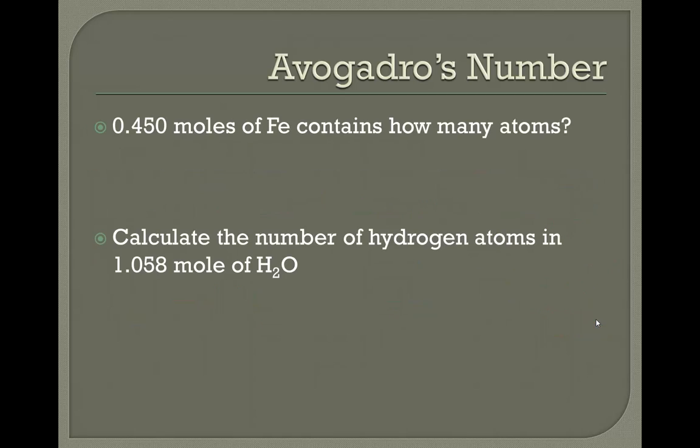0.450 moles of iron contain how many atoms? So, I see the word atoms, so I automatically say I'm going to need 6.022 times 10 to the 23rd atoms is equal to 1 mole as my conversion factor. Put the number I'm trying to convert over 1.